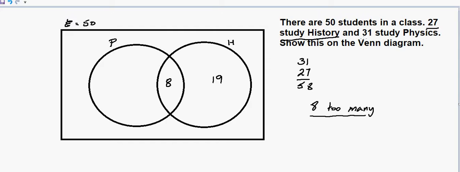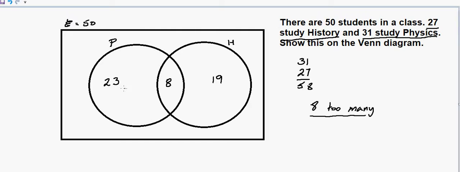Now we've got 31 that are studying physics. Okay, so again we've got this circle for physics. 31 are studying physics, but don't forget these 8 on the intersection are already studying physics, so we can take those away from the 31. Okay, so 8 from 31, if I remember rightly, is 23.